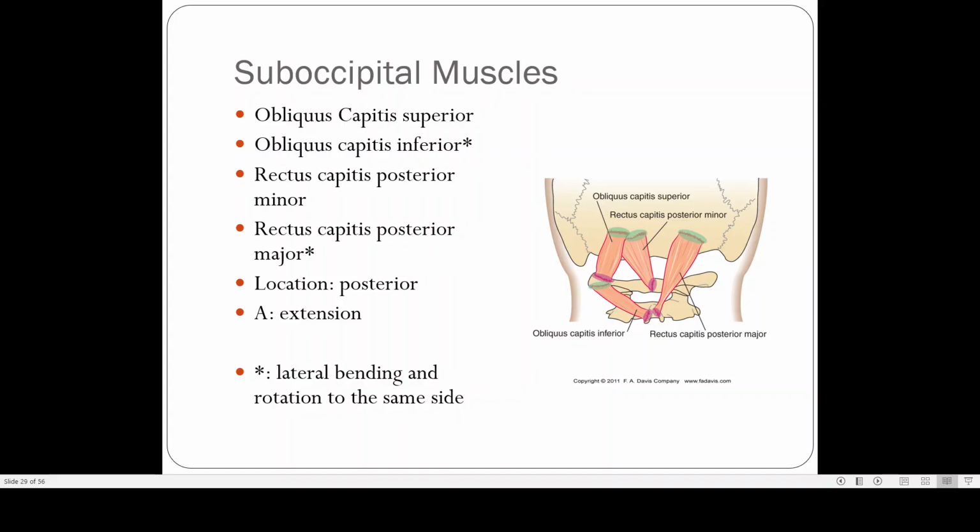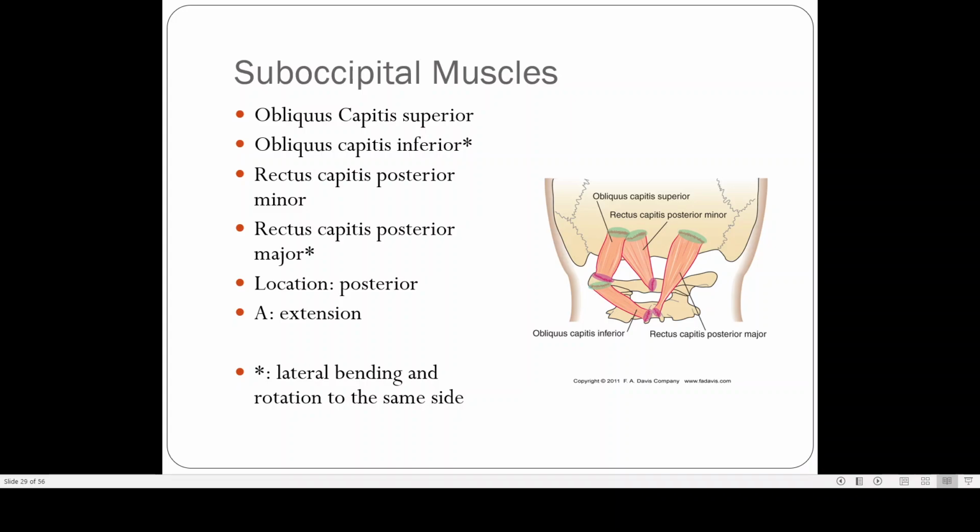And so we just need to know that they are posterior, below the occipital protuberance. And we have obliquus capitis superior and inferior, rectus capitis posterior minor, and rectus capitis posterior major, and they are going to perform extension as a whole.